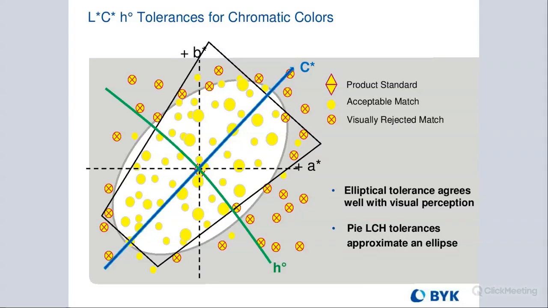And this is another example of that. Again, it's an elliptical tolerance system, and it's best because it's able to correlate better to what we see visually, which is why it's recommended for color matching and using it with these different instruments.